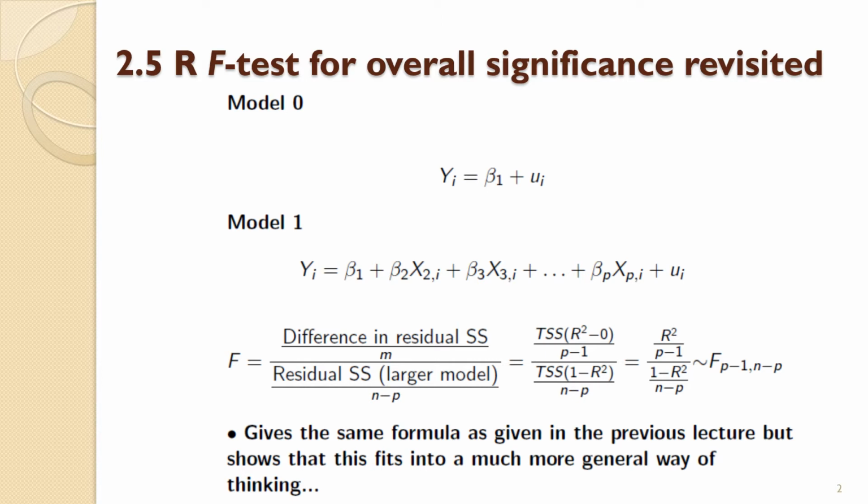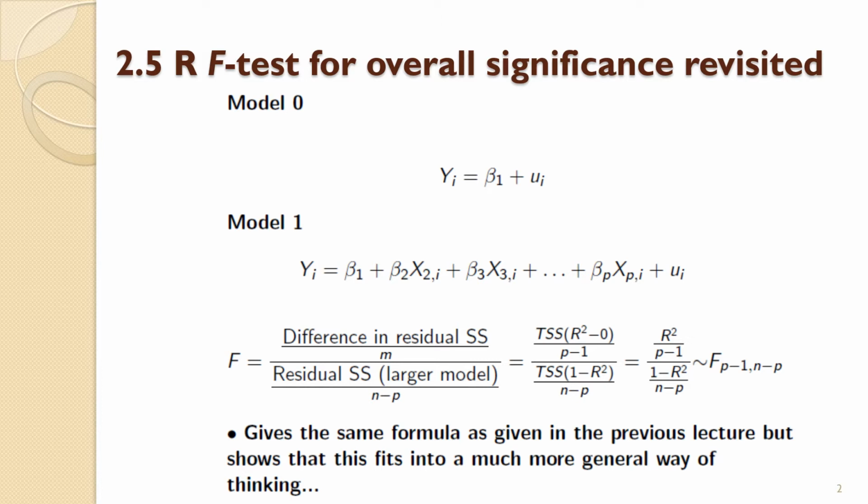You start with model 0 being the simple model where the Y variable is just a constant term plus some random error, and then model 1 has these X variables in it, and you want to test the hypothesis of overall fit. So you want to test the hypothesis that at least one of these X variables has an impact upon the Y variable. So you form the F statistic as we showed you on the previous slide.